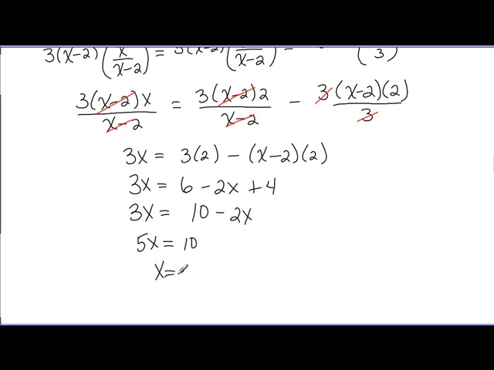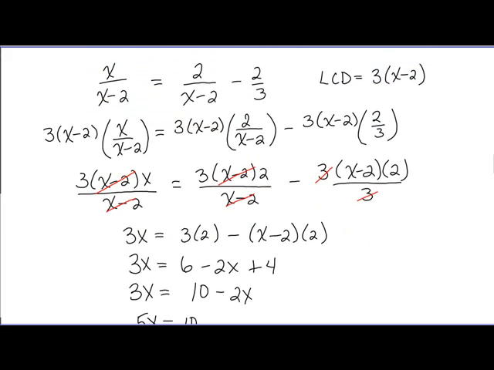equal 2. Now, you need to look at that solution that we've gotten to our equation and make sure that it's okay to allow x to be equal to 2. If you go back and you look at the original problem, x equal 2 is going to make those two denominators 0, and that's not okay.